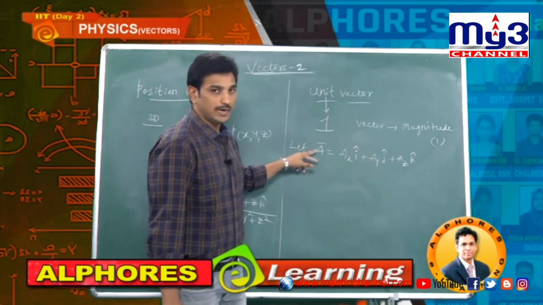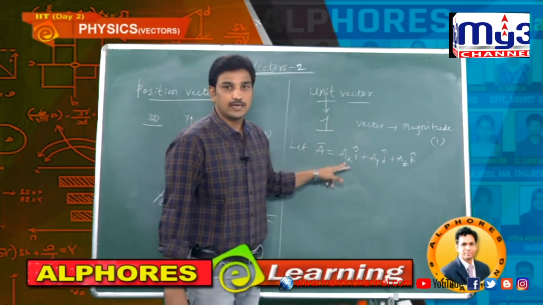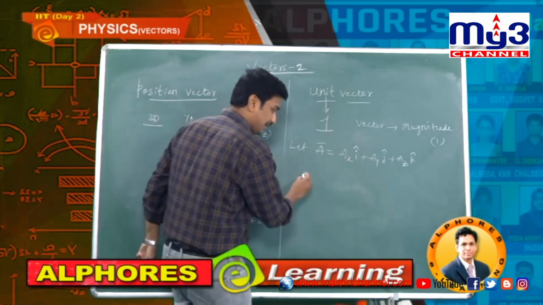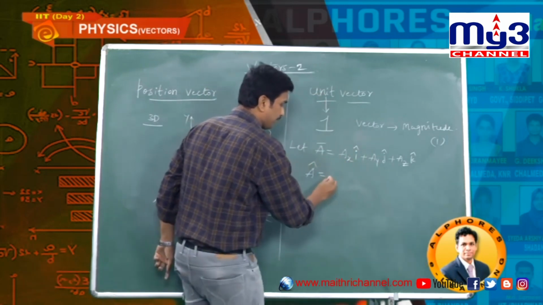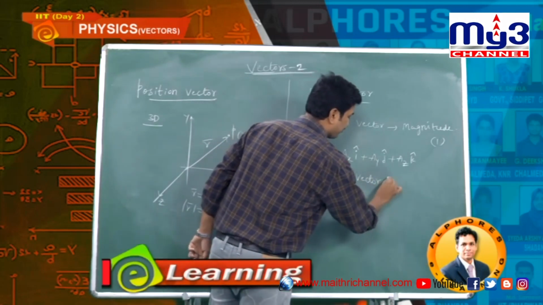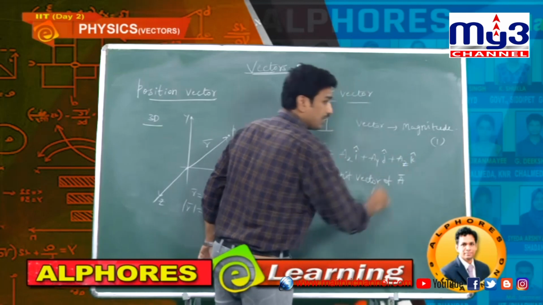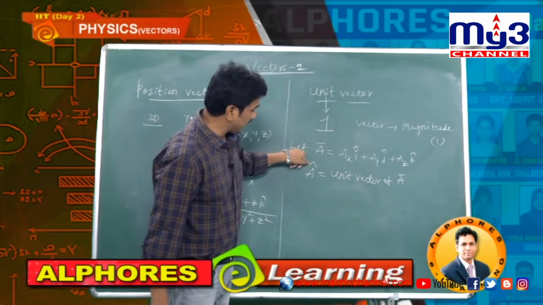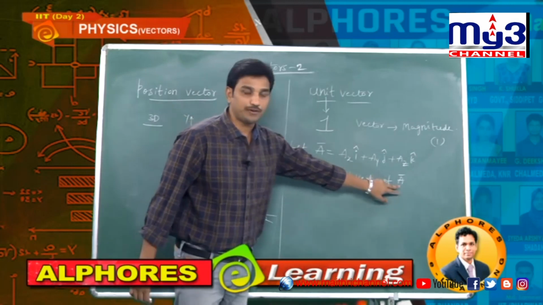See, A bar is a vector, A cap is unit vector of A bar. Once again, A cap is unit vector of A bar. This symbol is cap.